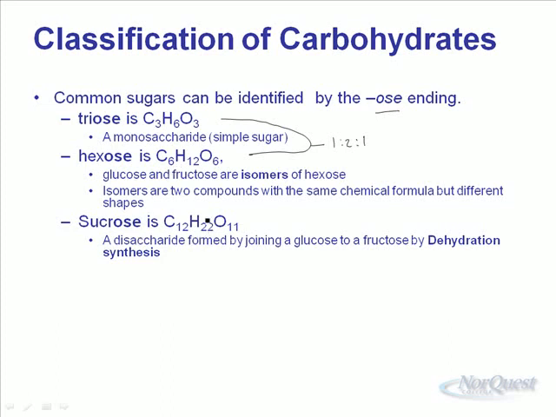Once that ratio changes, so if we take a look at sucrose here, sucrose has twice as many hydrogens as oxygens, but not carbons. So that ratio doesn't work anymore. And so this is a disaccharide. This particular one is formed by joining glucose and fructose by dehydration synthesis.